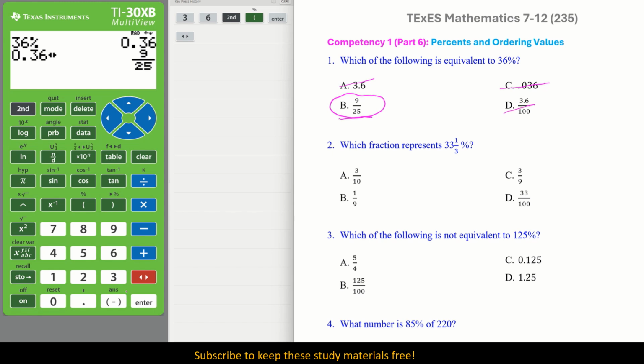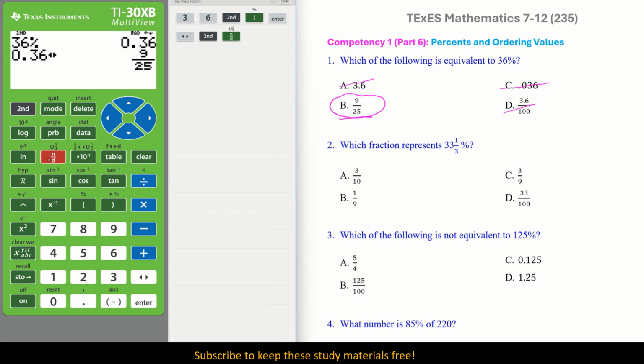Okay, now let's look at number 2. Which fraction represents 33 and 1/3%? Well, this may seem also like a simple question, but let's use the features on our calculator. Okay, so first we have a mixed number. So let's push second and the mixed number, which is above.